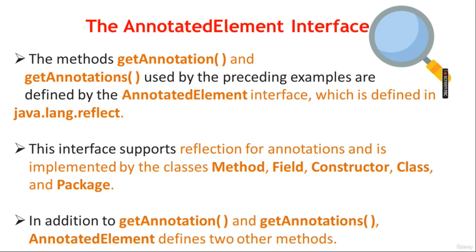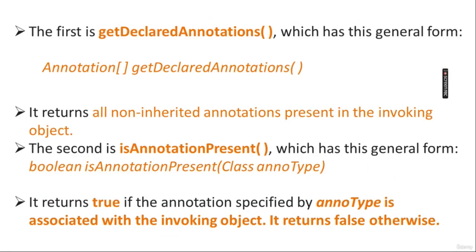In addition to getAnnotation and getAnnotations, there are two other methods. One is getDeclaredAnnotations. It will also return the annotation array. It returns all non-inherited annotations present in the invoking object.